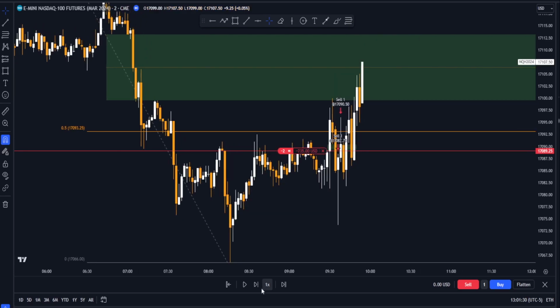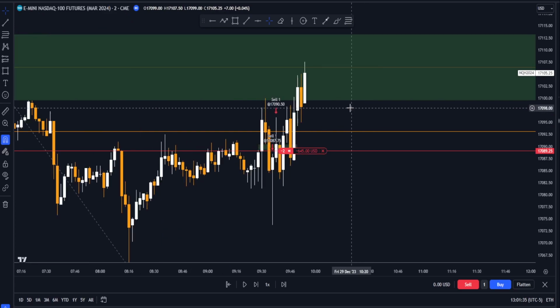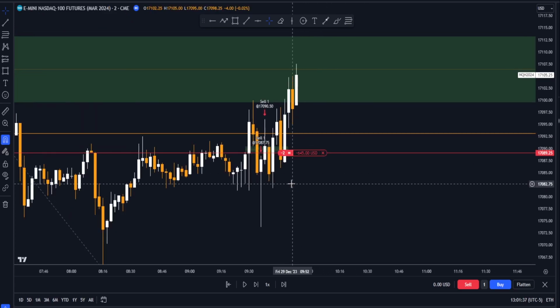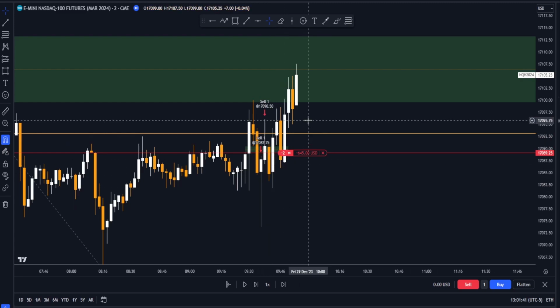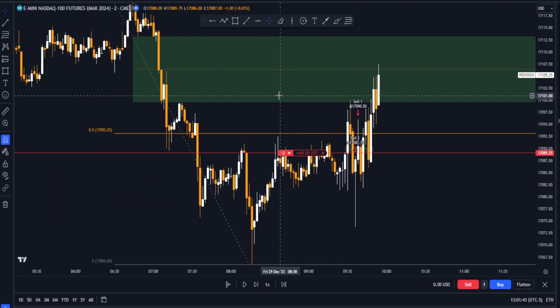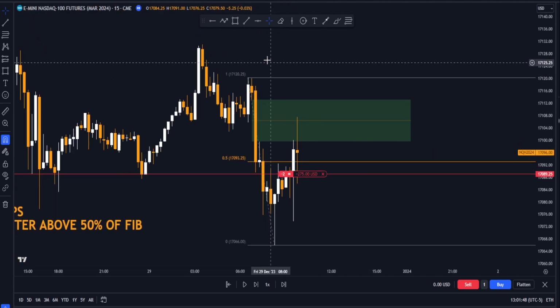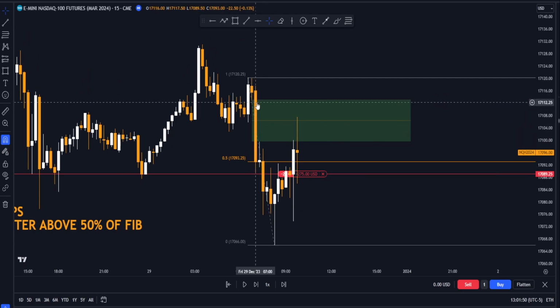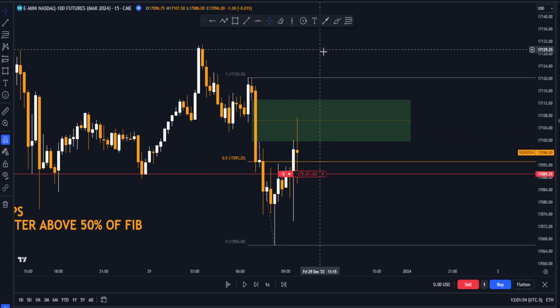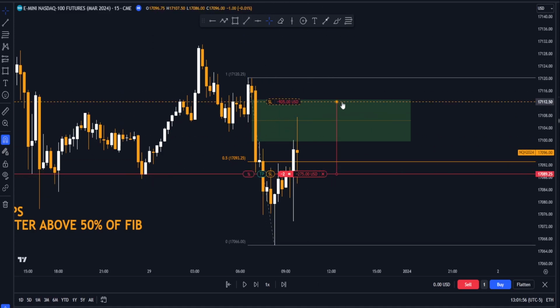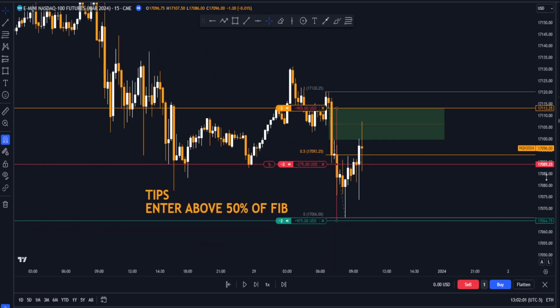My stop loss, this trade might actually be a losing one, would be a close above this fair value gap.